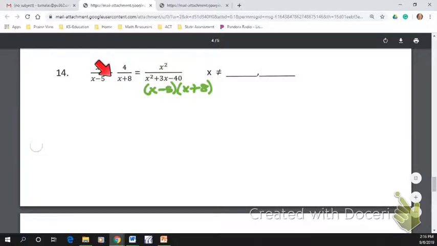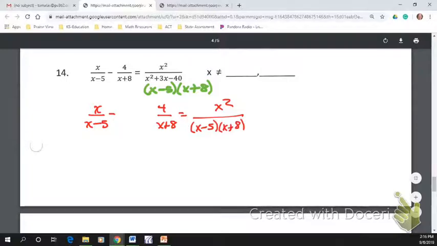So I'll write this out in one color, leaving some space in between them, and then I'll go back and multiply every term times this. So I've got x times x over x minus 5 minus, leave some space, 4 over x plus 8 equals x squared over x minus 5 times x plus 8.